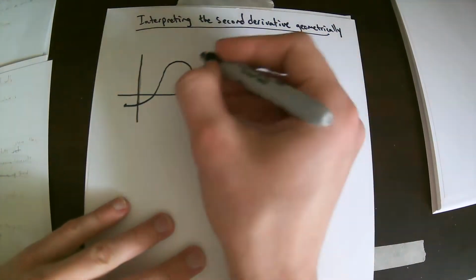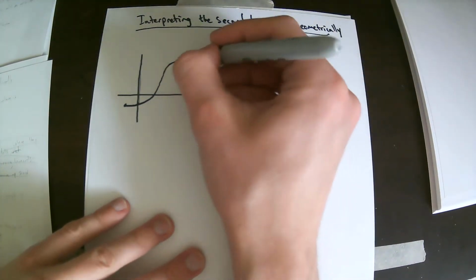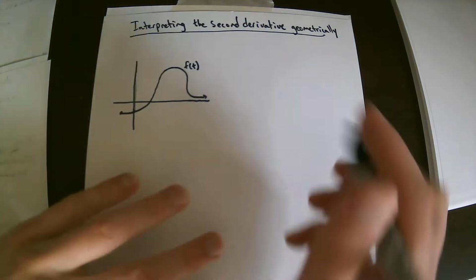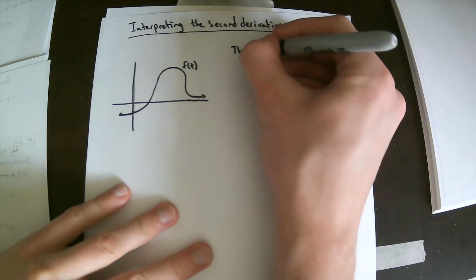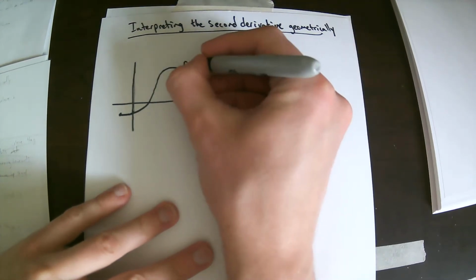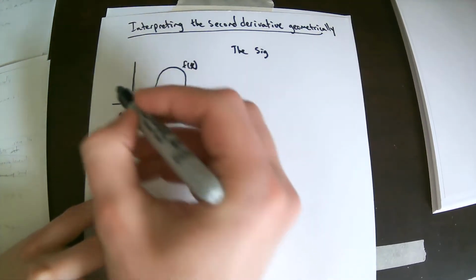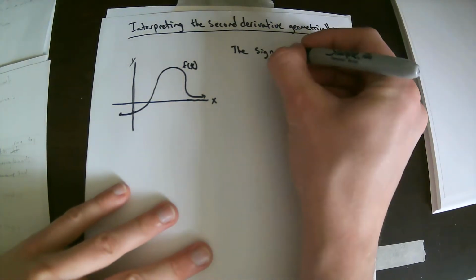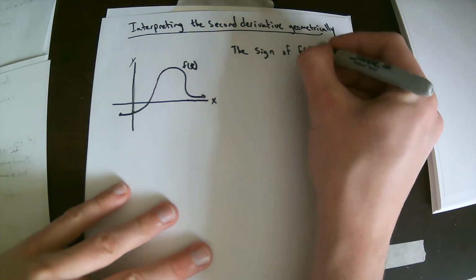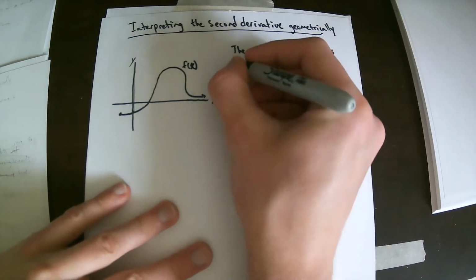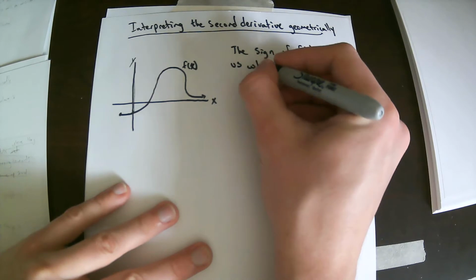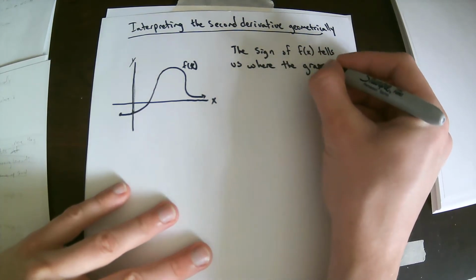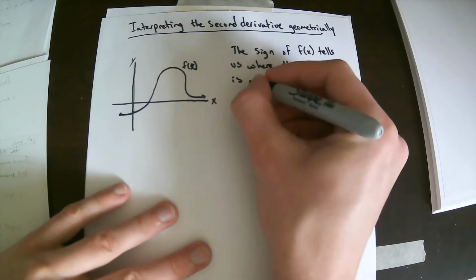So if this is some function, let's say f of x, with x and the output y, and there's the curve f of x. The sign of f of x tells us where the graph is above the x-axis.